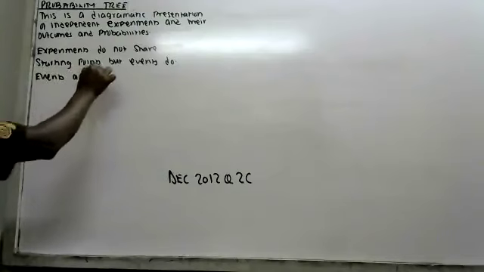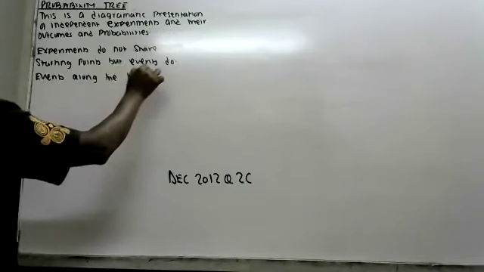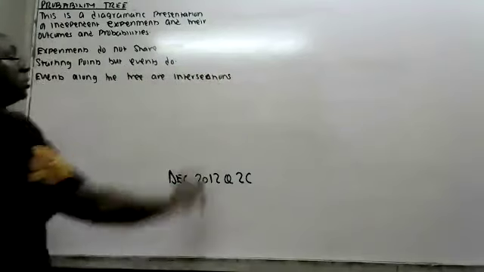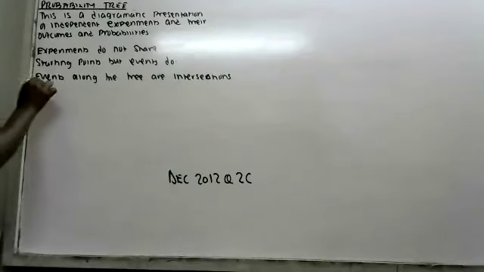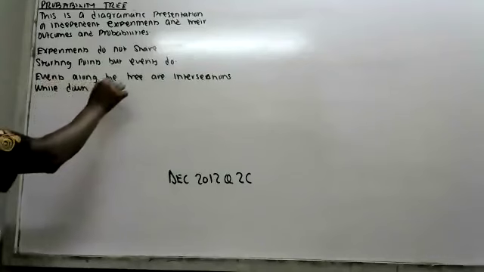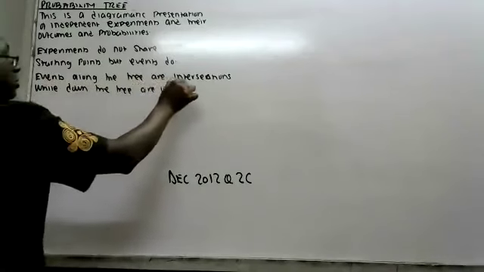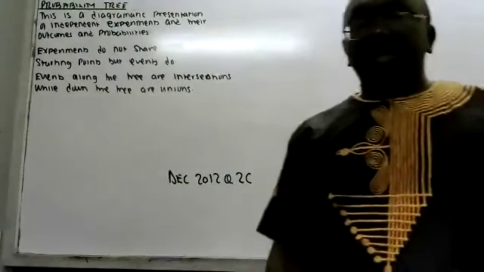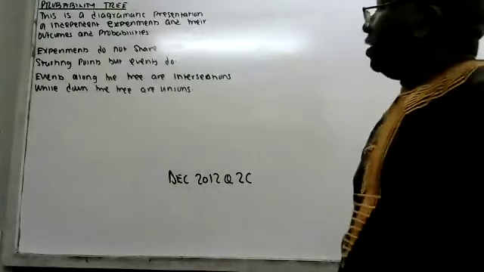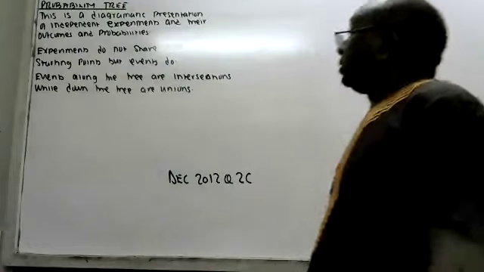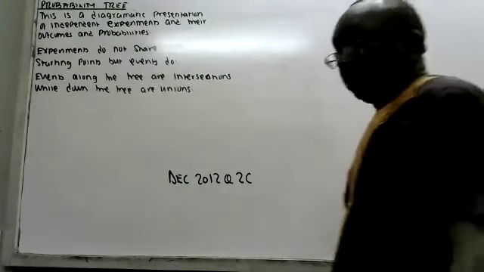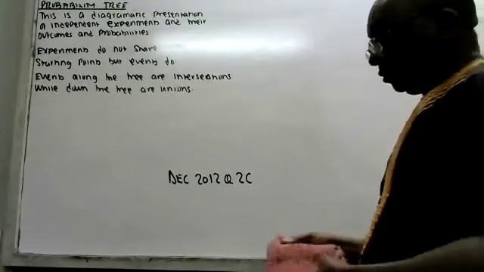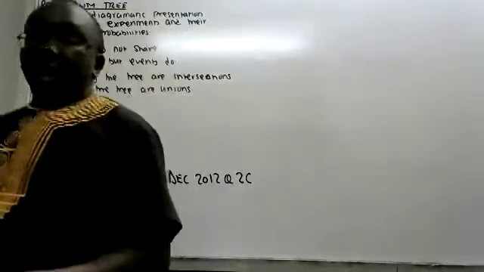Events along the tree, as you move along from left to right, present intersections, while events down the tree, if you are moving from top down, represent unions. So that is how we go about it.